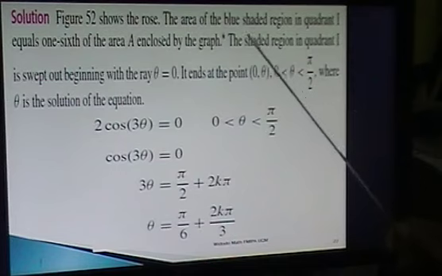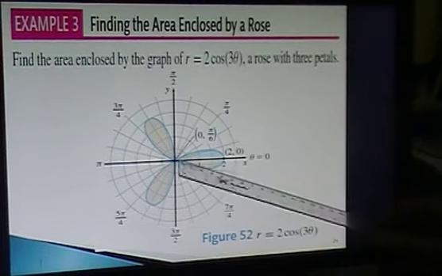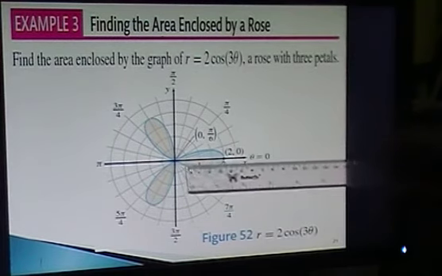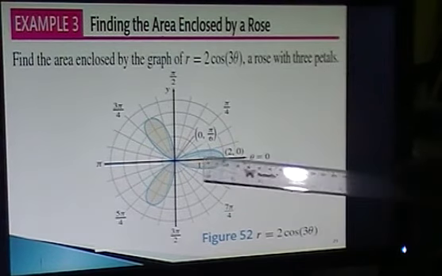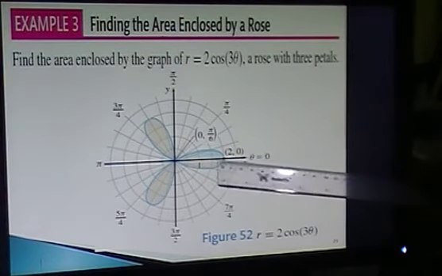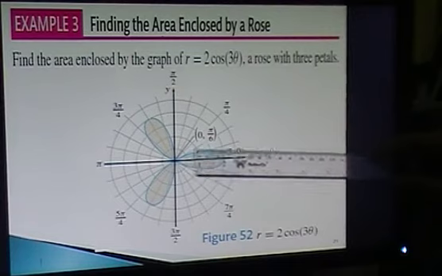The area of the blue shaded region is in quadrant 1. That means this blue one, in the quadrant 1, it is only a half of petals. All of the rose consists of 1, 2, 3 petals, and here it is only half a petal.